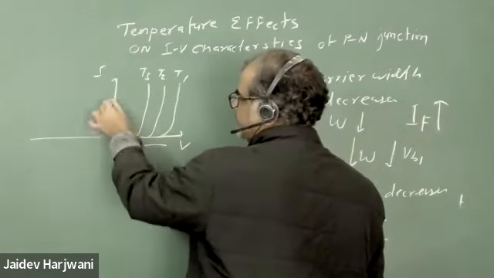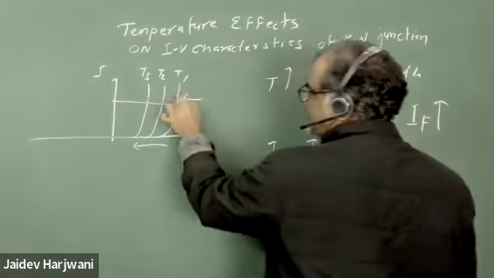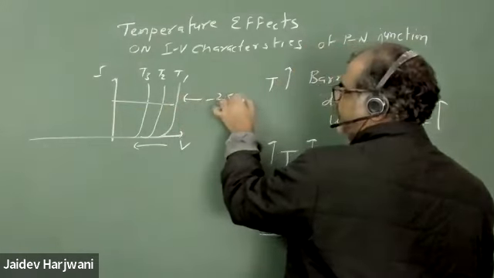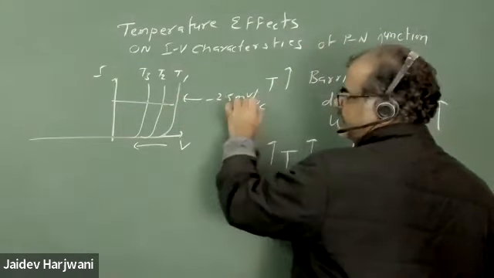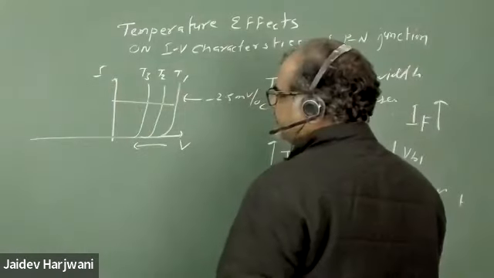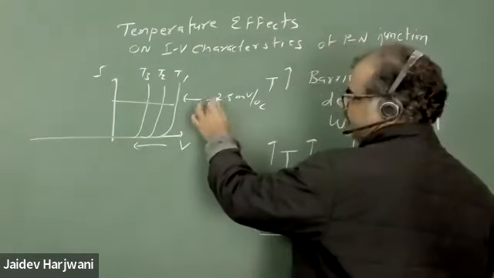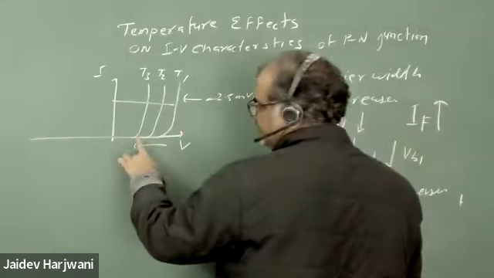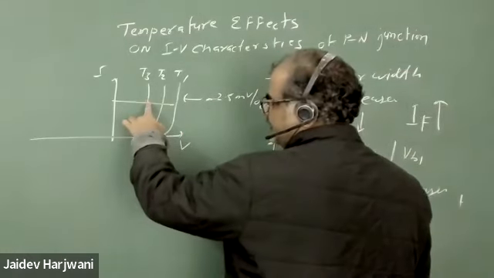At lower voltage, I'm getting the same current. This graph shifts minus 2.5 millivolt per degree centigrade with every degree increase in temperature.